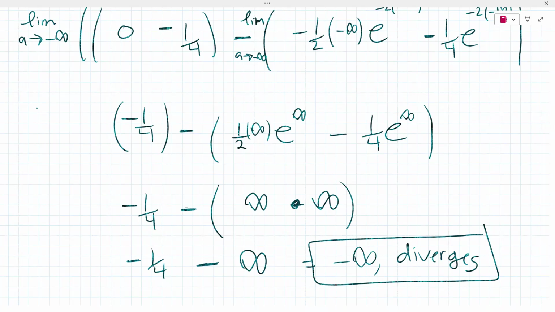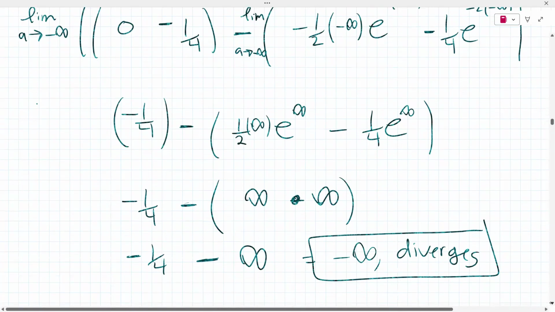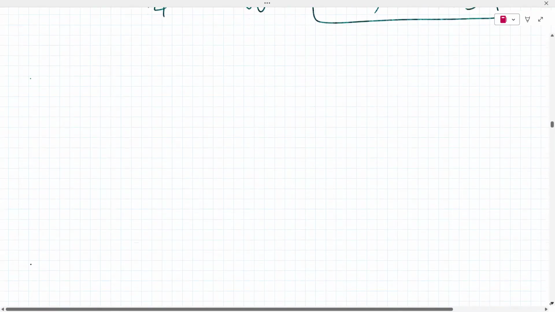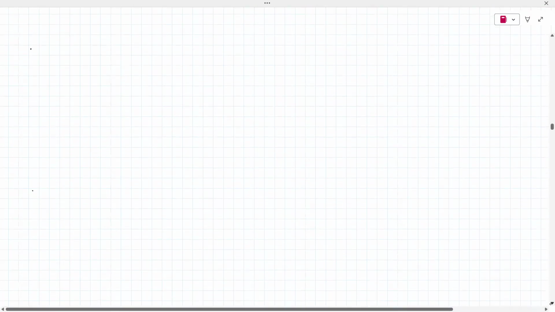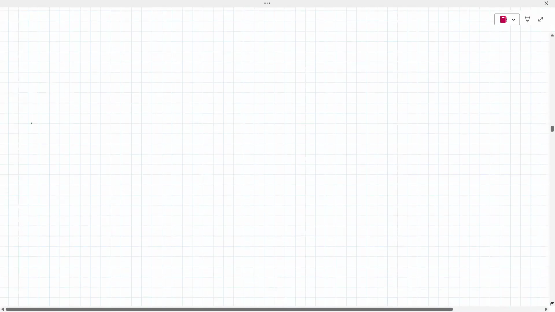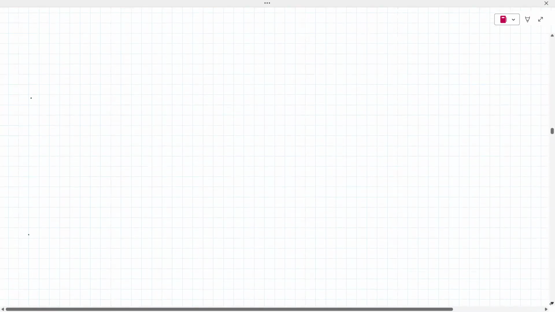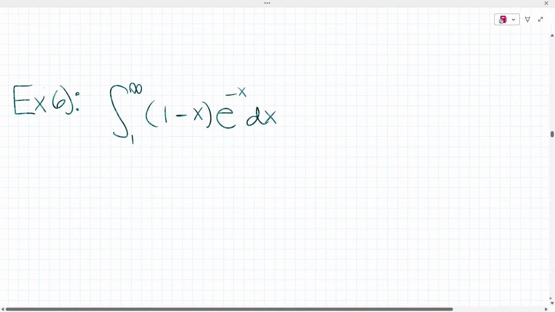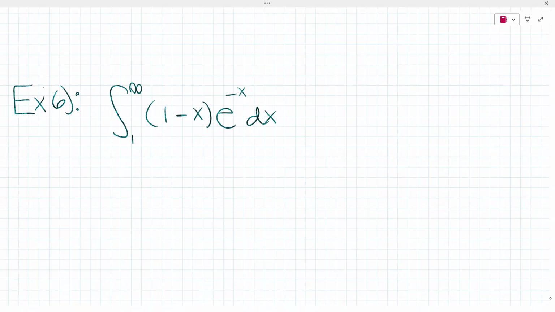Okay, so let's move on to example 6. Example 6 says we have to find the integral from 1 to infinity of parentheses 1 minus x times e raised to the negative x dx.